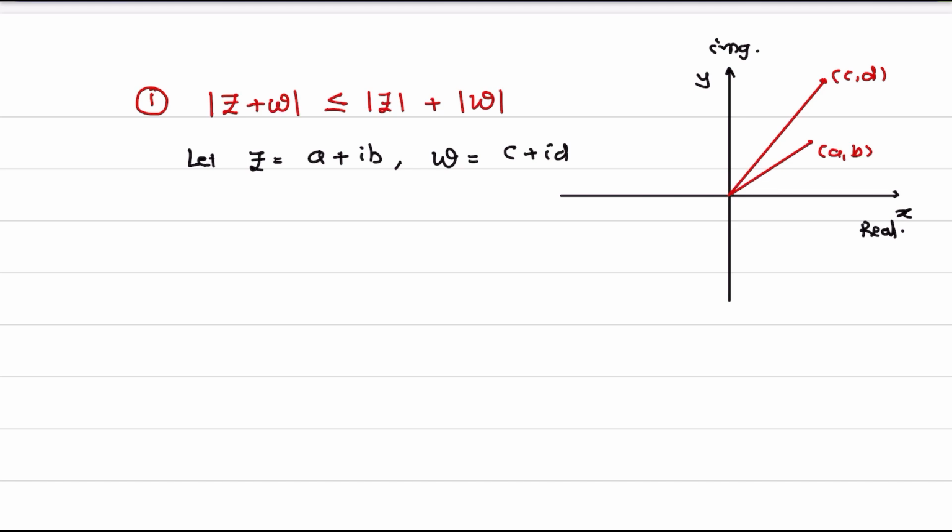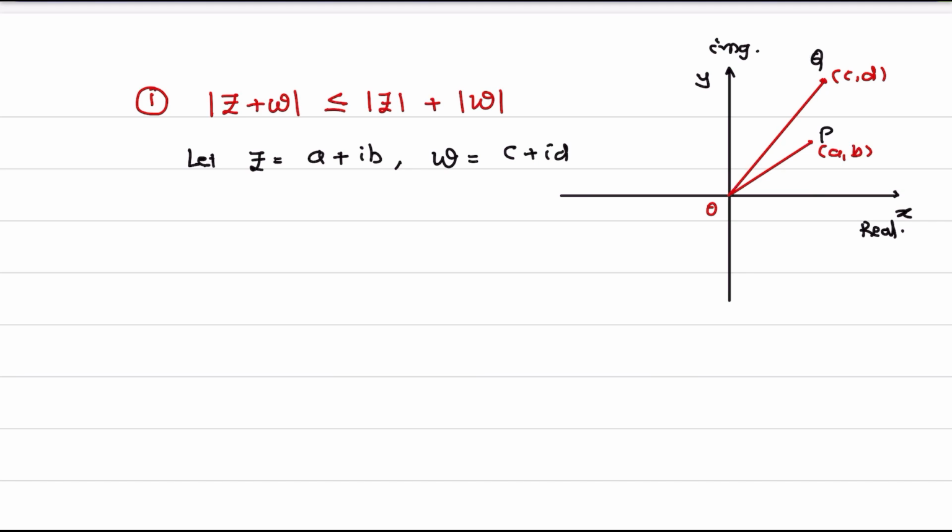The addition of, let us call one point P and the other Q. The addition of vectors OP and OQ is the resultant of magnitude of Z plus W. Z is equal to A plus IB, or OP is equal to A plus IB, we can rather say.